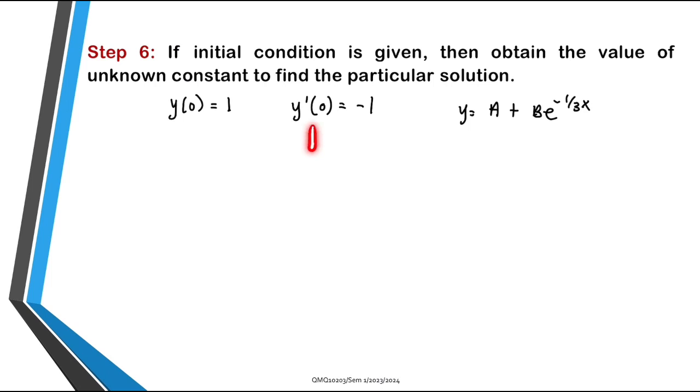Because the second initial condition involves y prime, you need to differentiate the solution. Differentiate A, we get 0. Differentiate B e^(-1/3 x), we get minus 1 over 3 multiplied by B e^(-1/3 x).